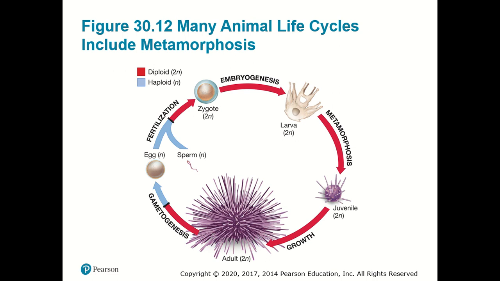Diploid phases are phases composed of cells that contain two sets of chromosomes, and haploid cells contain only one set of chromosomes. So in humans, it would be the sperm and the egg, which is the haploid stage of the animal. So the sperm and the egg are haploid because they only contain 23 chromosomes, again in humans.